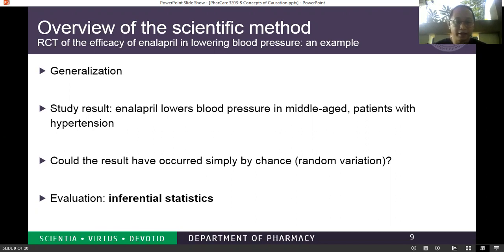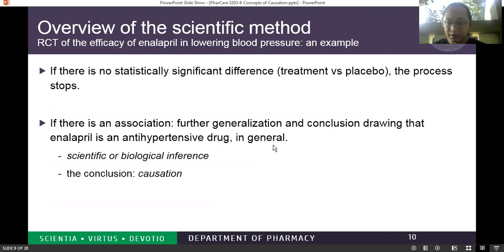Okay, and then could the results have occurred simply by chance or random variation? Yeah, it could be. But by using inferential statistics, we want to reduce the probability that our result occurred by chance.